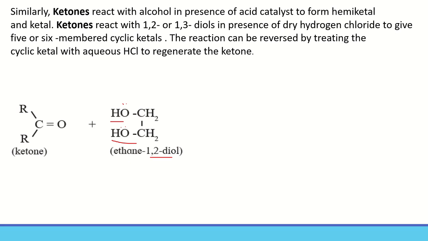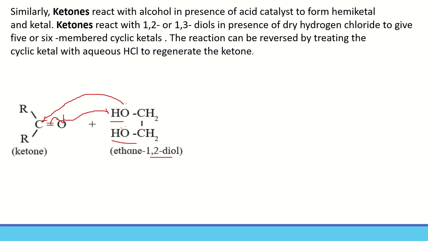Again, this lone pair of electrons shifts towards the carbon. Then the pi electron shifts towards the oxygen. Then oxygen donates the electron to the hydrogen. Just imagine what will form between the carbon, oxygen and hydrogen. A single bond forms between the carbon and oxygen, and hydrogen acquires one bond.